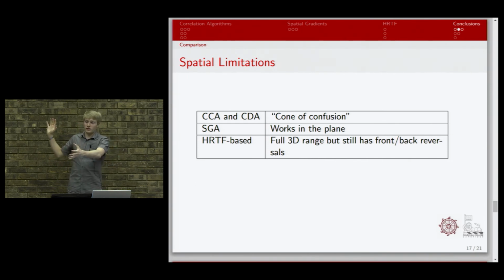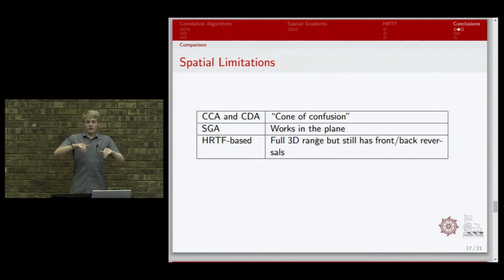Those lie on a cone extending from the center of the apparatus. Obviously, if you have 2 things on opposite sides of this cone, the angles are completely different with respect to the actual microphones, but this algorithm would give the exact same values.